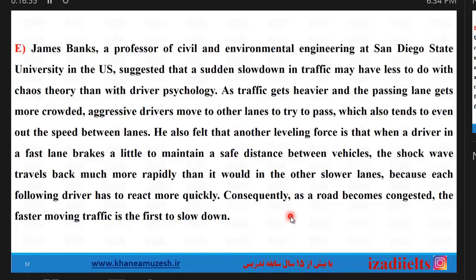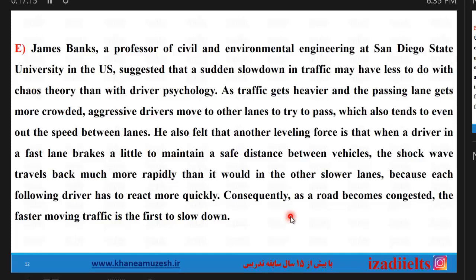Is the topic sentence at the beginning of the paragraph? Somehow? Yeah, he suggested that a sudden slowdown. Yes, from the suggested it could be yes. I think the last sentence, consequently, as a road becomes congested. Very good. Last sentence is a very good key sentence.